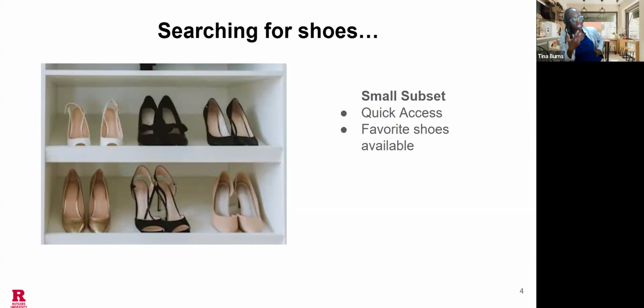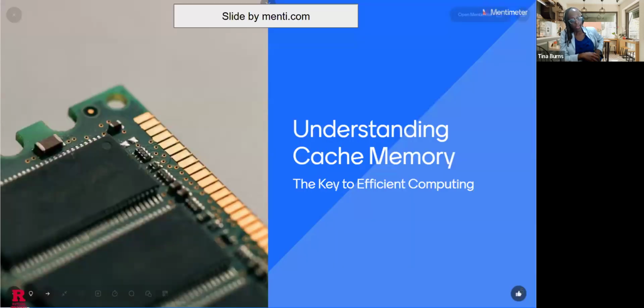Well, cache essentially does the same thing. Caching, or having cache memory, allows us to access information by having a smaller subset of data. Because this helps us decrease the amount of time that it would take us to search for an item, it ends up helping us to be more efficient in terms of computing, right?